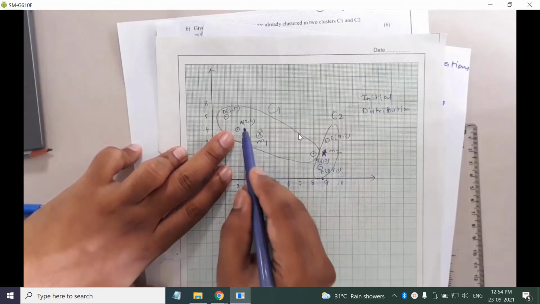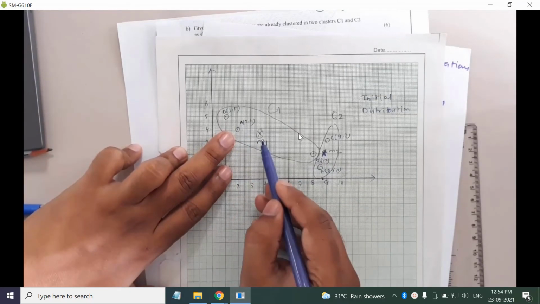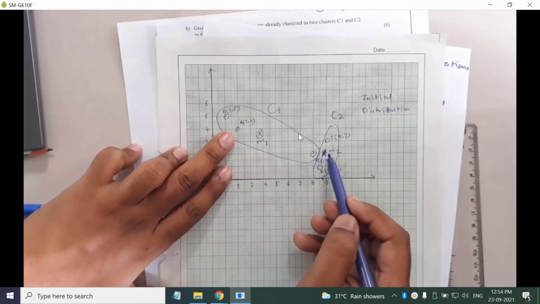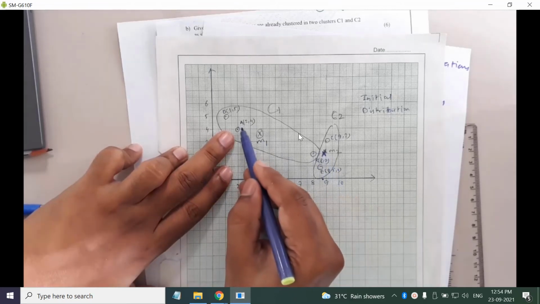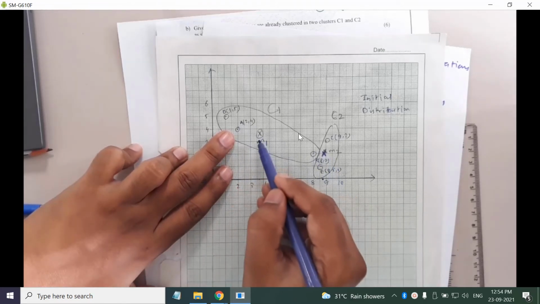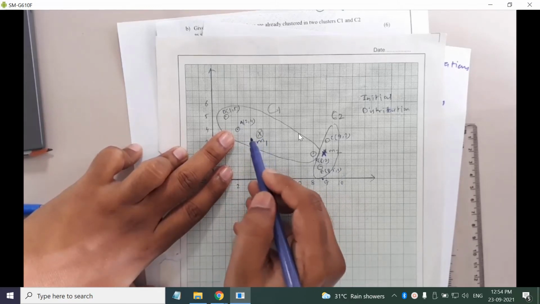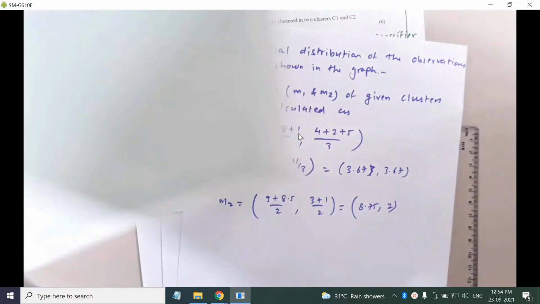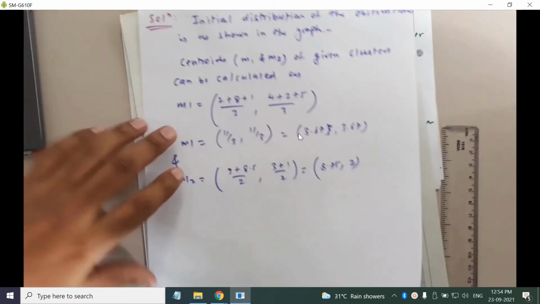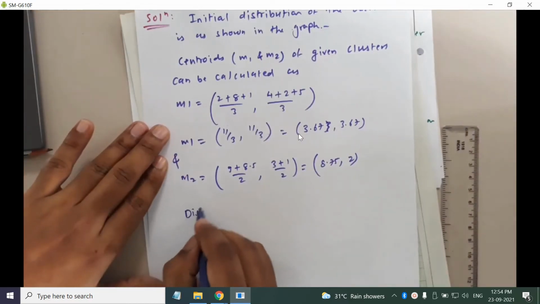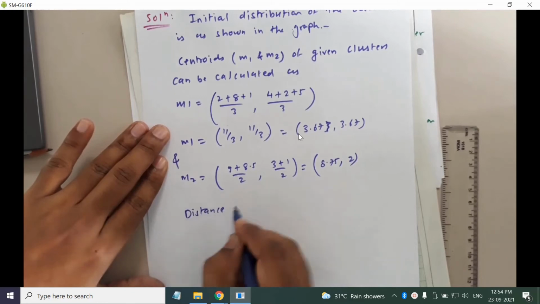So clearly A is much closer to M1 as compared to M2, so we'll assign A to this cluster. So we have to calculate the distance, right? Do you know the distance formula?